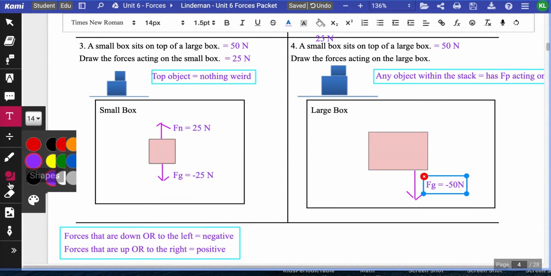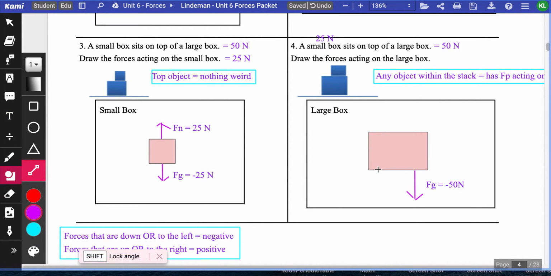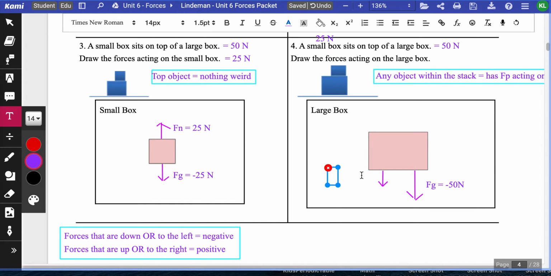We also have the push force from the small box. Okay, and that arrow needs to be smaller than this one because it's a smaller force. FP is equal to, and again, it's downward, so it has to be negative 25 newtons.